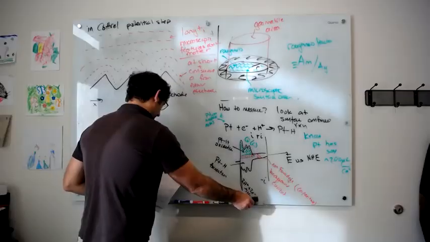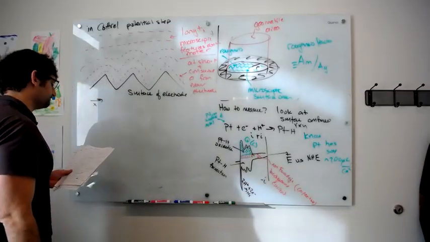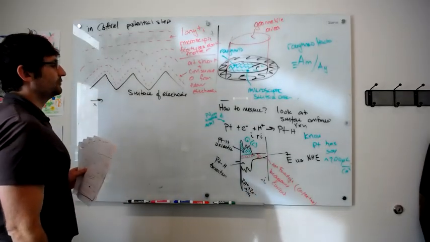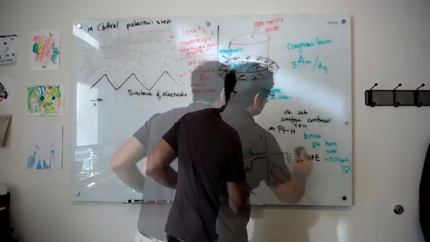Okay, so we can actually understand something about the surface area and how it affects our Cottrell experiment by just thinking through this. So keep that in mind. Let's go through this a little bit more rigorously.